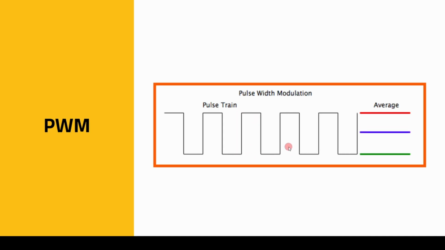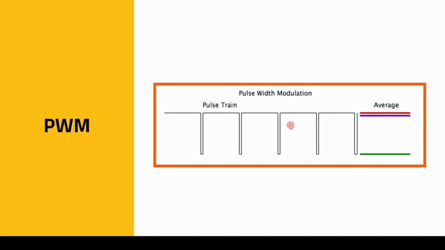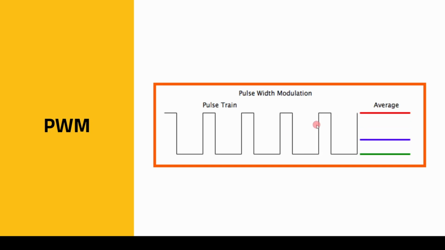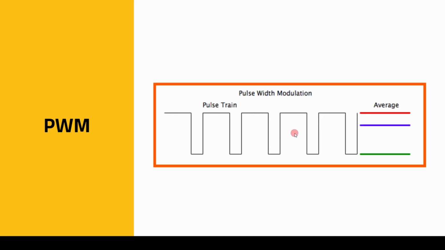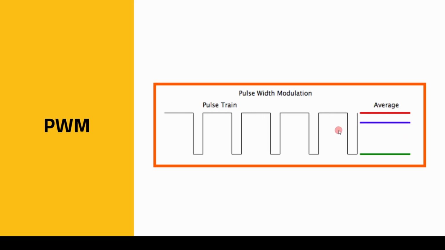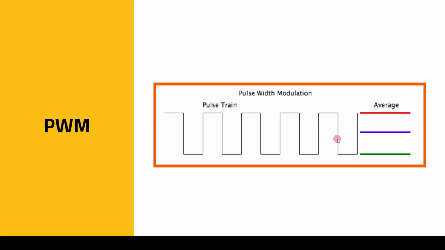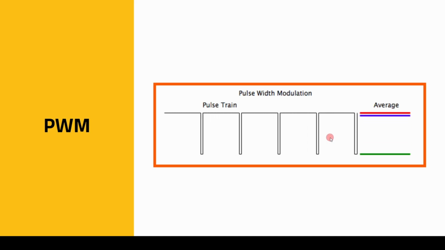And when that happens, you can control the brightness of an LED, change the loudness of a buzzer, or control the position of a servo. There are so many uses for this. It's pretty amazing use of digital techniques to do things in an analog fashion.